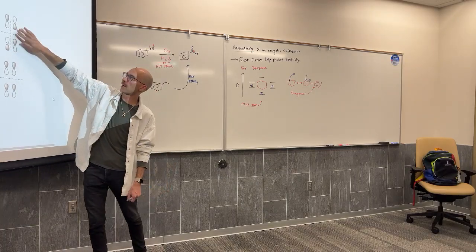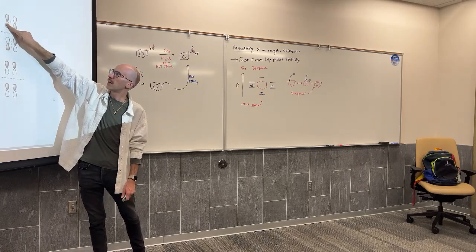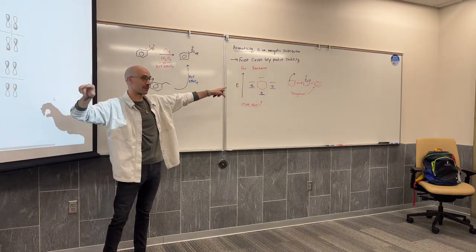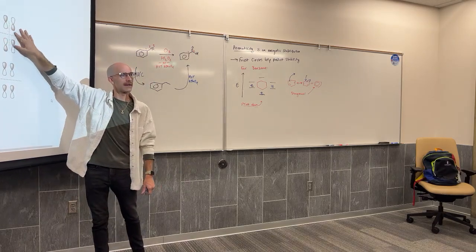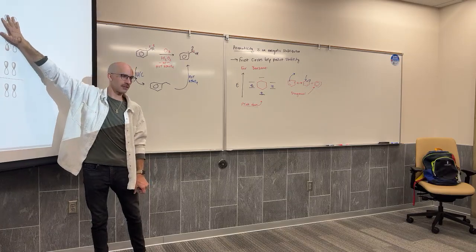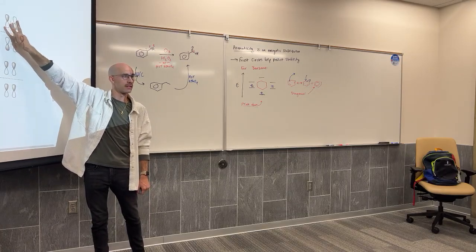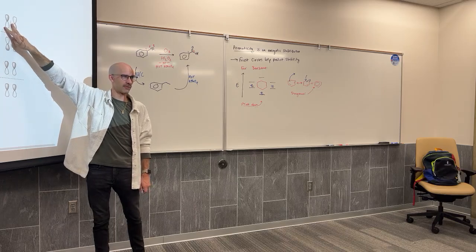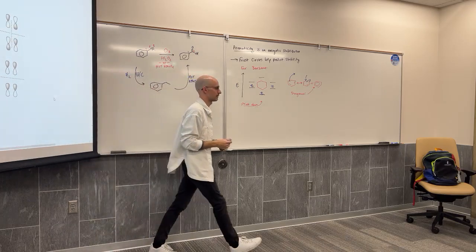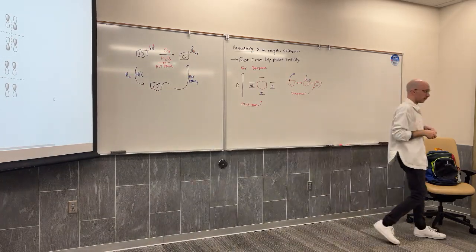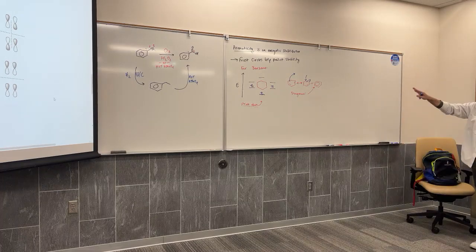And then there's a good chance that if you break a pi bond, or if it looks like you're breaking a pi bond, you're probably putting electrons into an orbital like this, because this resembles the most of our pi antibonding orbital.